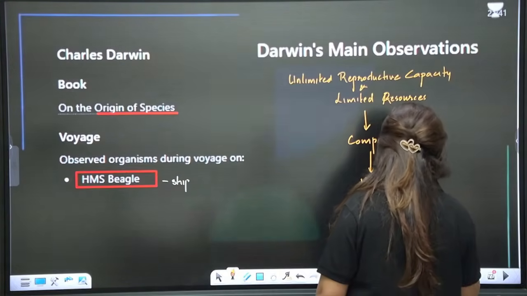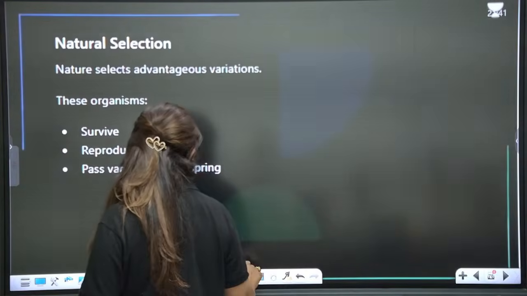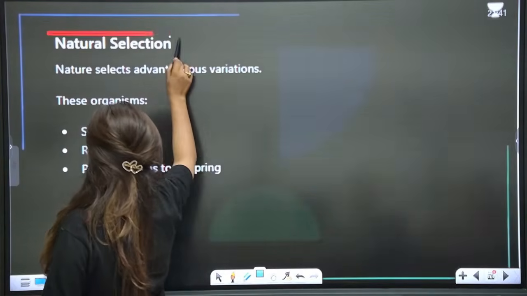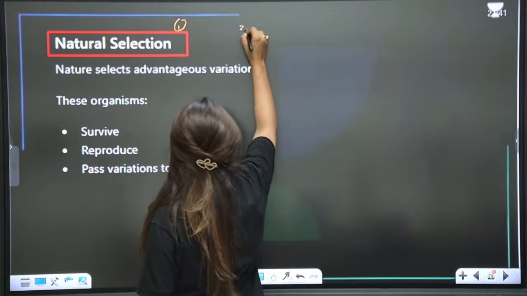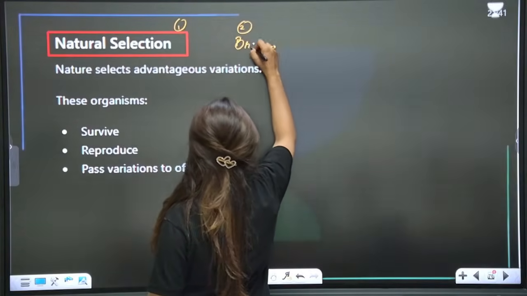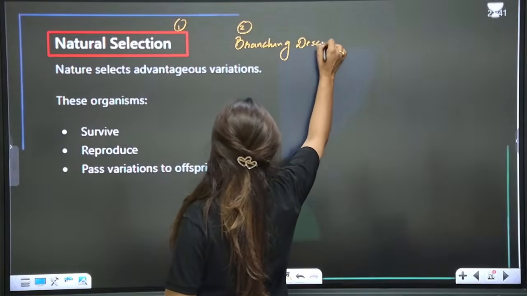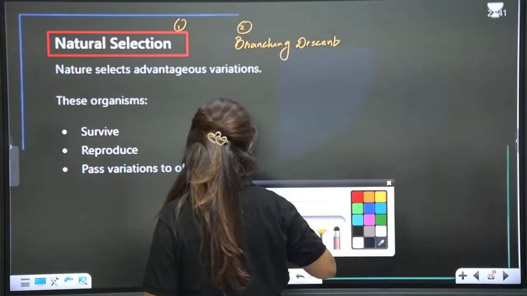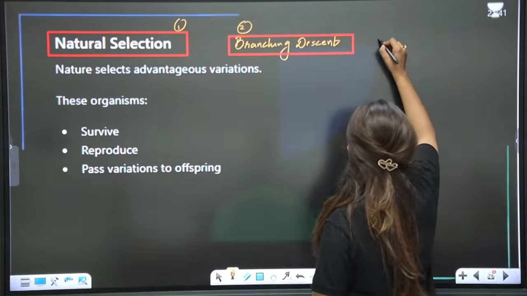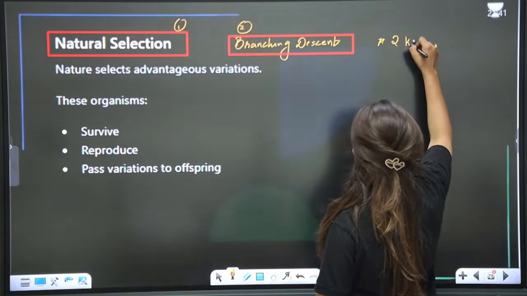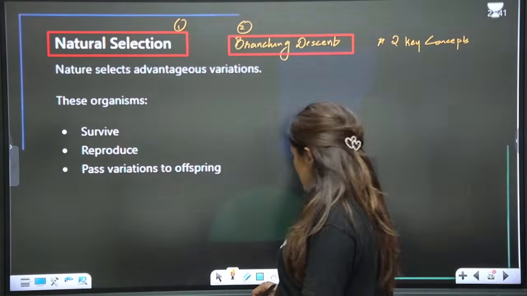So it was Darwin. Now see, his theory was based on this key concept of natural selection. So the two concepts, one is natural selection and second concept was branching descent. These were the two key concepts of Darwinism. So what did natural selection say?